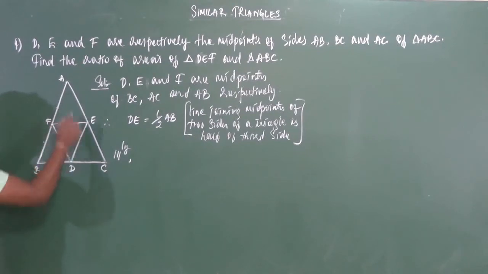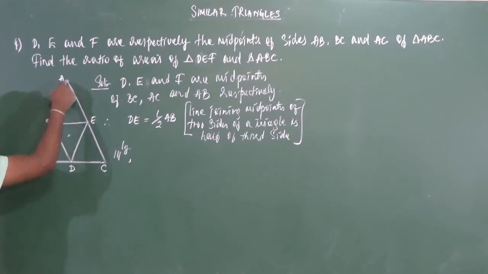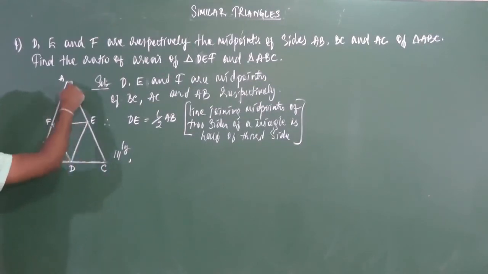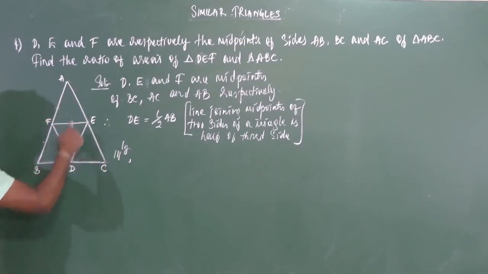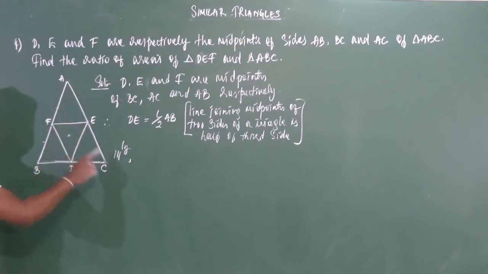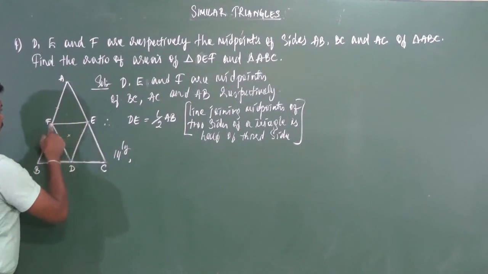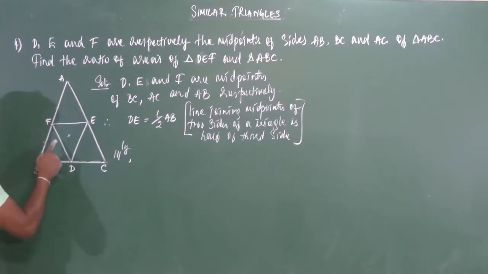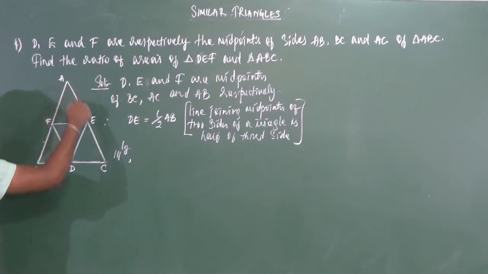DF is half of AC because F is the midpoint of AB and D is the midpoint of BC. So DF is parallel to AC and DF is half of AC. Similarly, E is the midpoint of AC and F is the midpoint of AB. So EF is the line joining the midpoints of the two sides of the triangle.